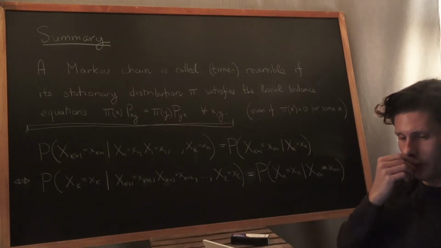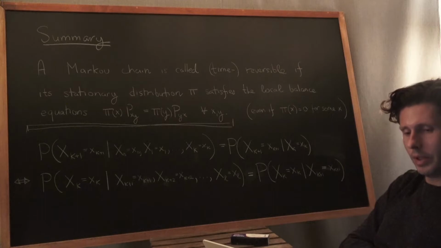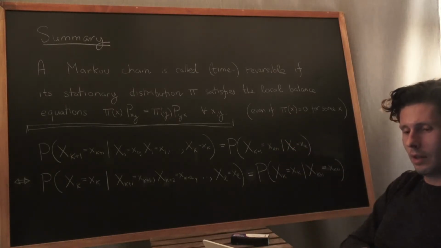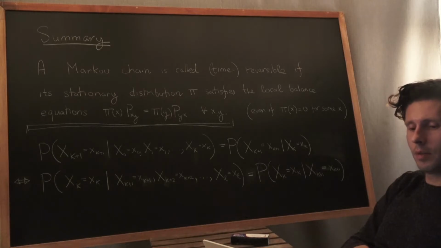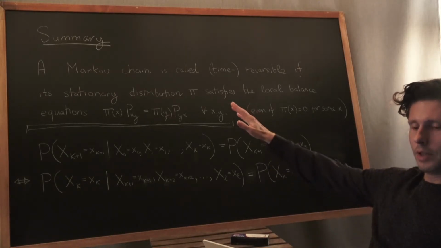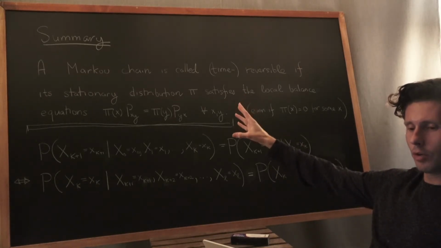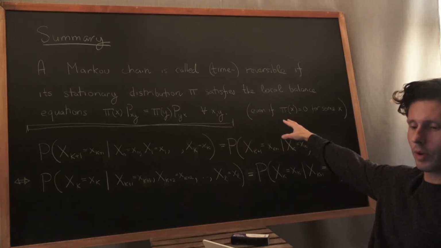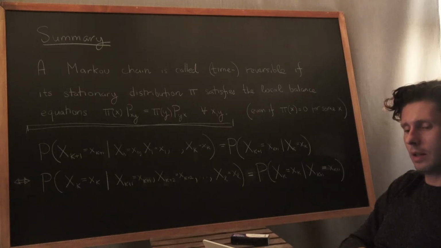Some of the examples in the upcoming lecture will also help you get a sense of what this means, intuitively and mathematically. But for the sake of having the most general definition to work with, this is the one you want to go with, and it is perfectly okay for pi x to be equal to 0.